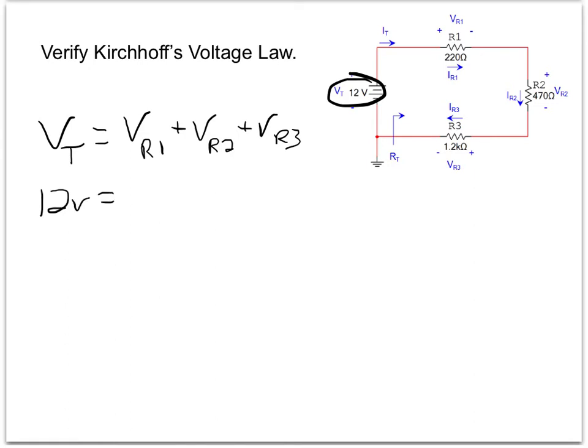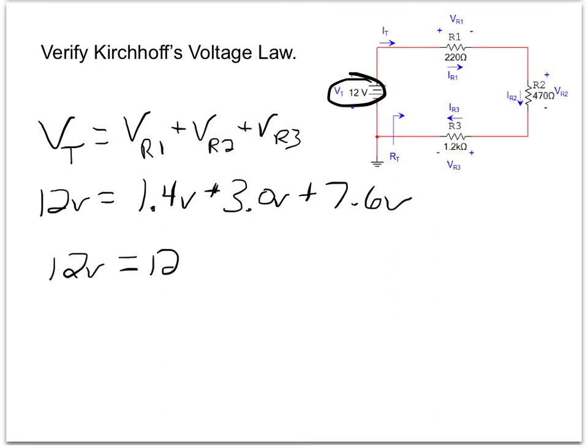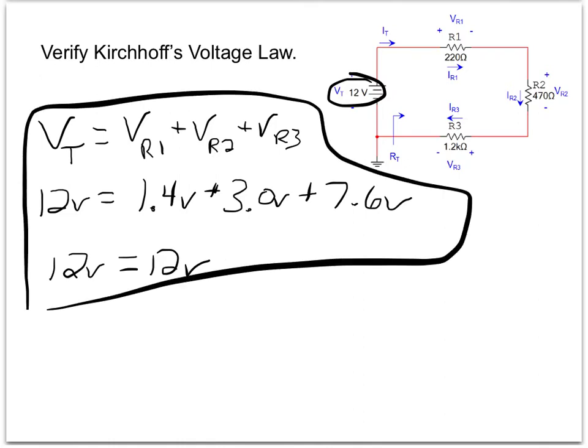The volts at the first component we just figured out was 1.4 volts. The second one was 3. And the last one we just figured out was 7.6. If you sum those, you get that 12 volts equals 12 volts. Thus, verifying for this specific problem, Kirchhoff's voltage law is correct.